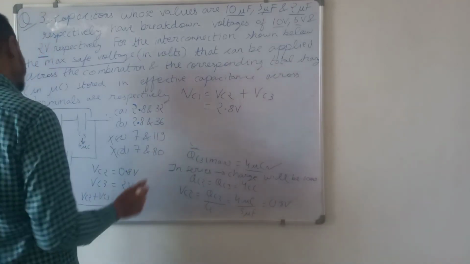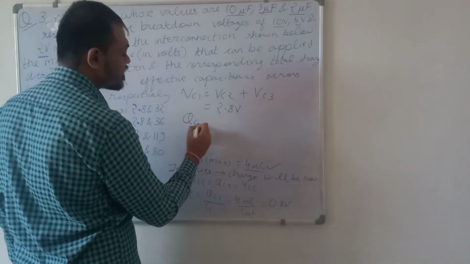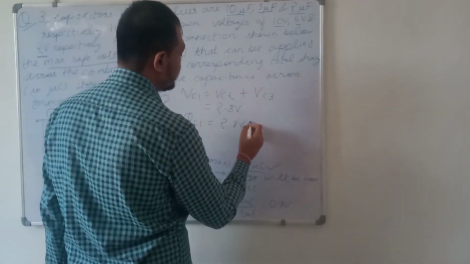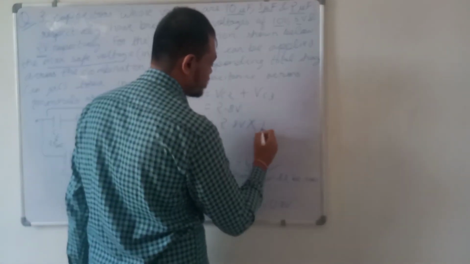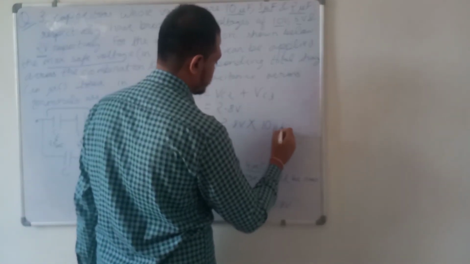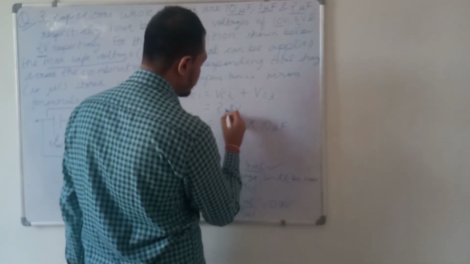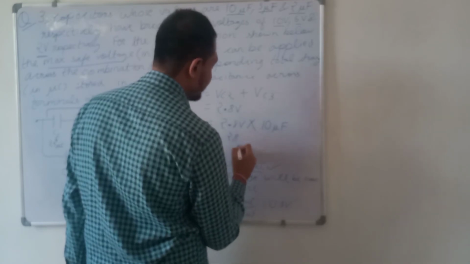Now if VC1 is 2.8 volt, we can easily identify the charge across capacitor C1. It is 2.8 volt into its value of 10 microfarad, which is 28 microcoulomb.